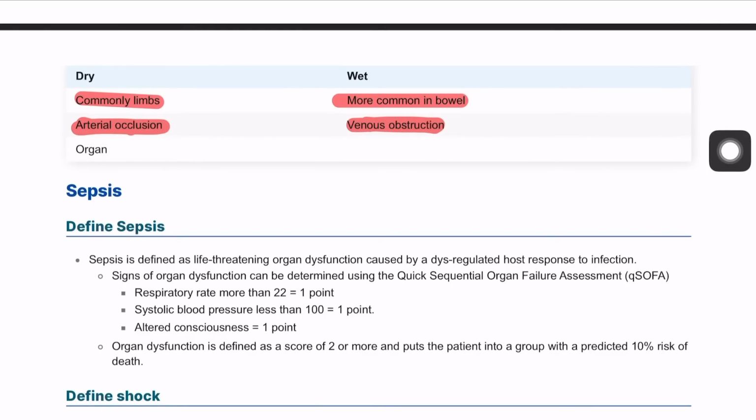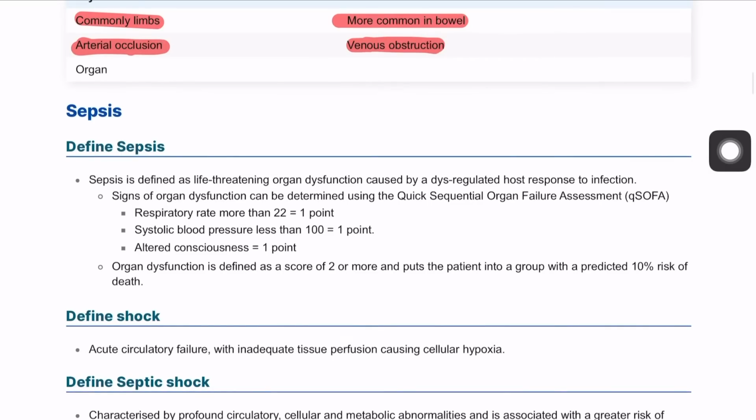Moving on to defining sepsis and septic shock and the basic principles of management of sepsis. So it's very important to try to establish the right definition of sepsis. It's one of those things that we think we know the definition for, but there are local guidelines that give a specific definition for sepsis.